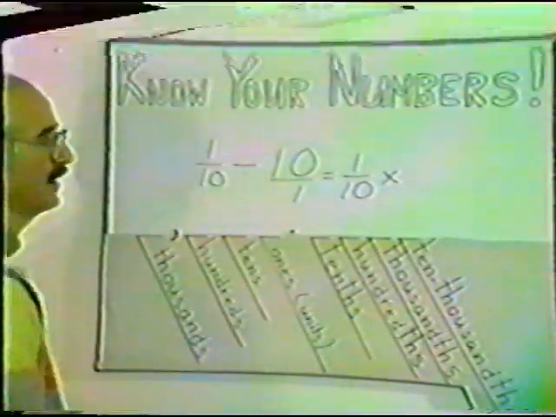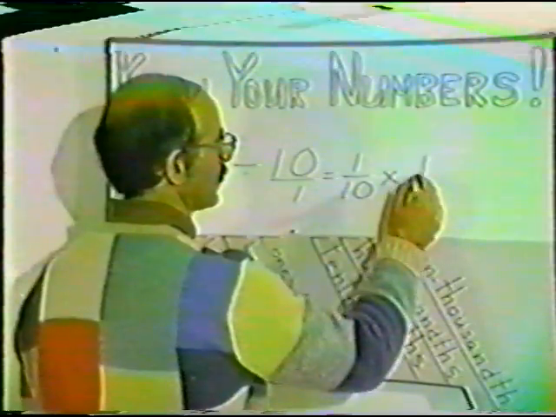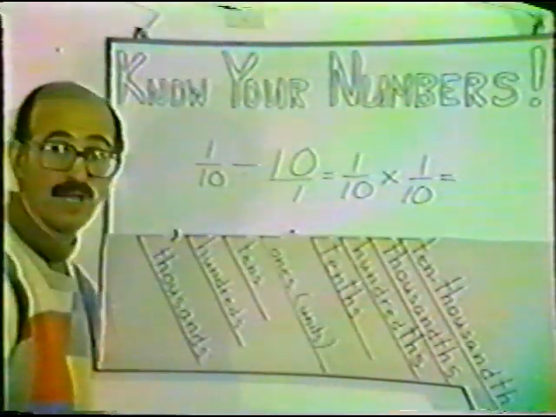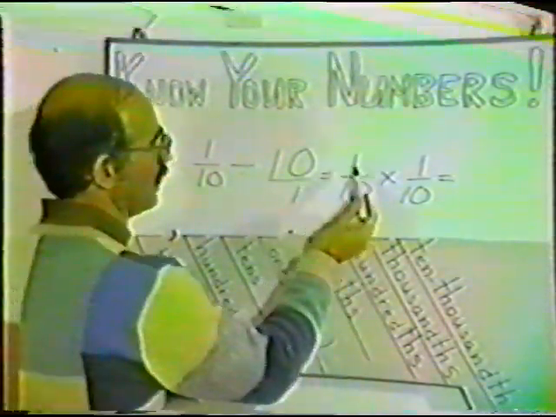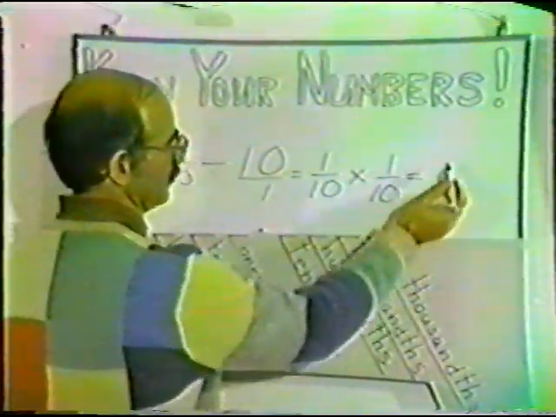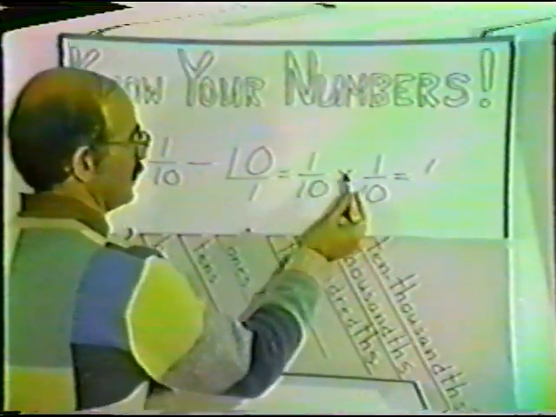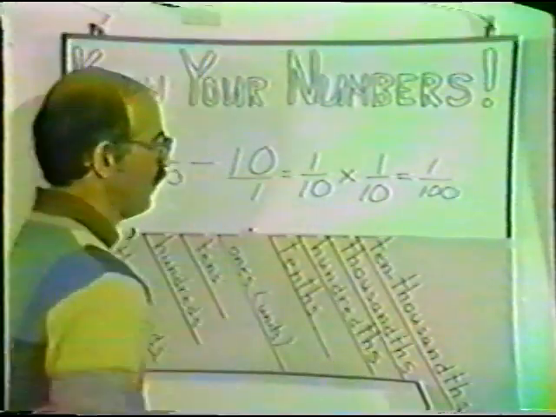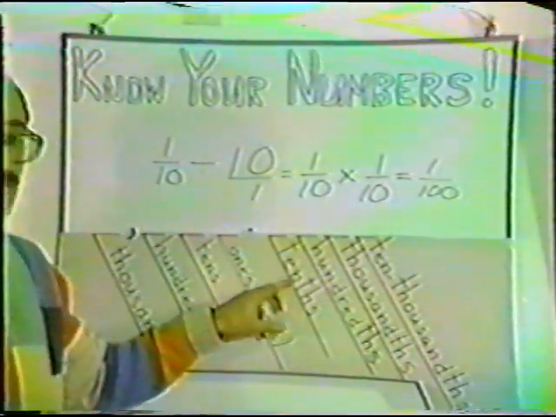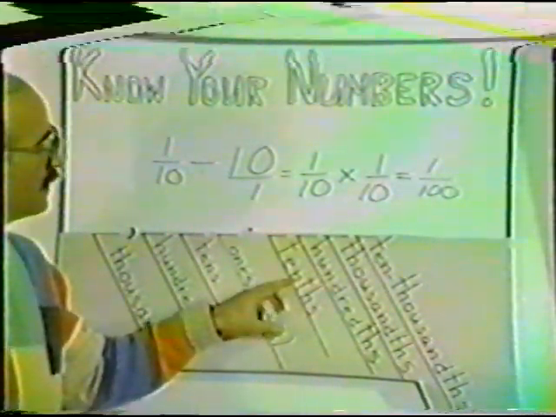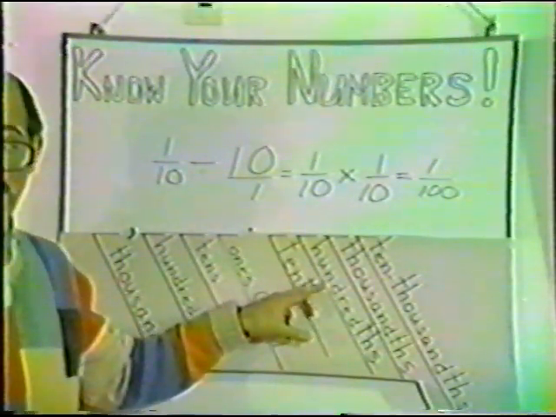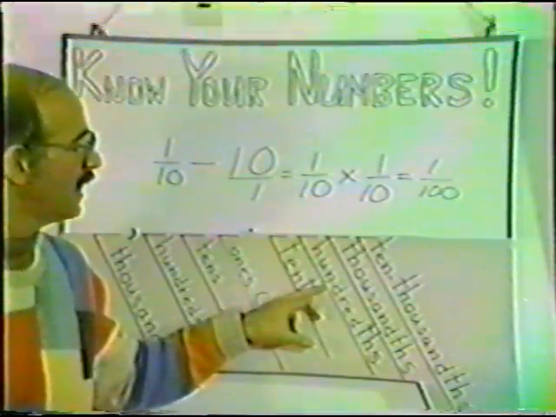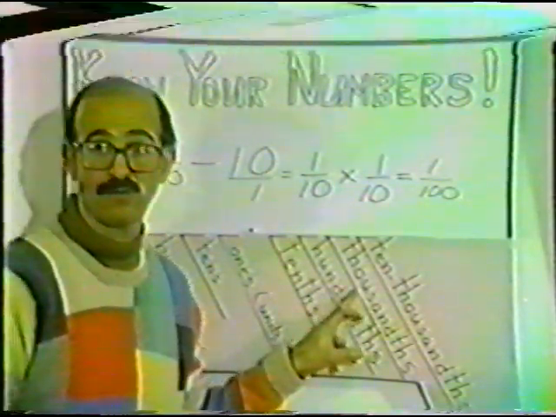We flip it upside down. Now let's multiply across. 1 times 1 is 1. 10 times 10 is 100. Therefore, 1/10 divided by 10 is 1/100th. And we could show that 1/100th divided by 10 is 1/1000ths.